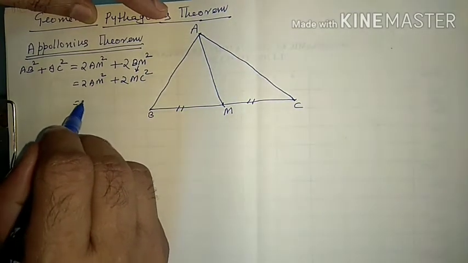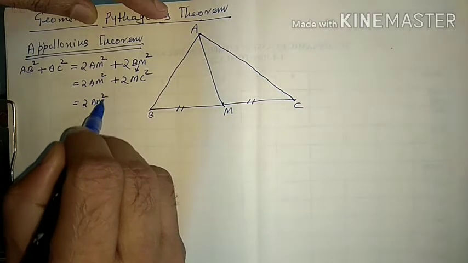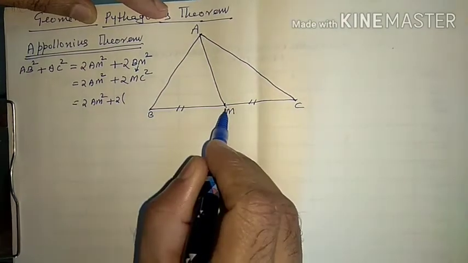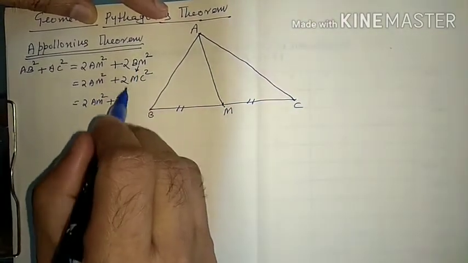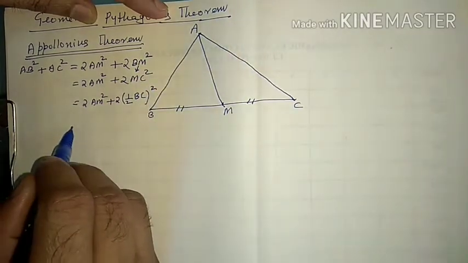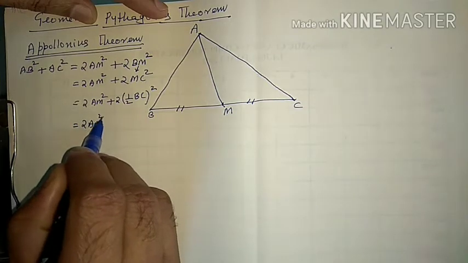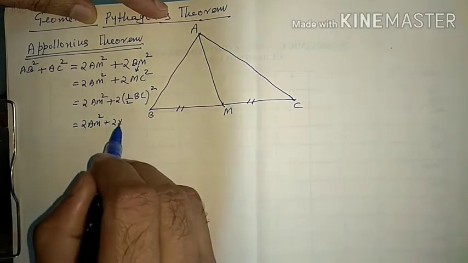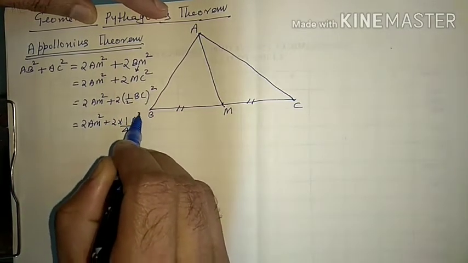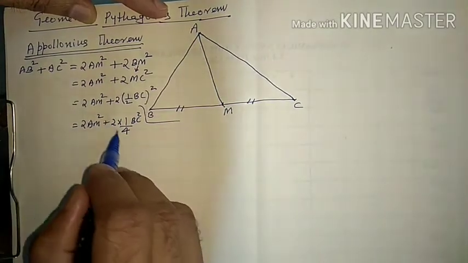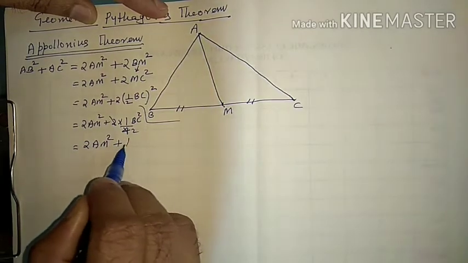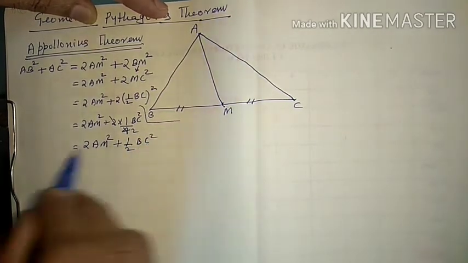Or even 2 times AM square plus 2 into BM, where BM is half of BC, but the whole square is there. So 2 times AM square plus 2 into 1 by 2 square is 1 by 4 BC square, and 2 cancels here. So it is 2 AM square plus half BC square.